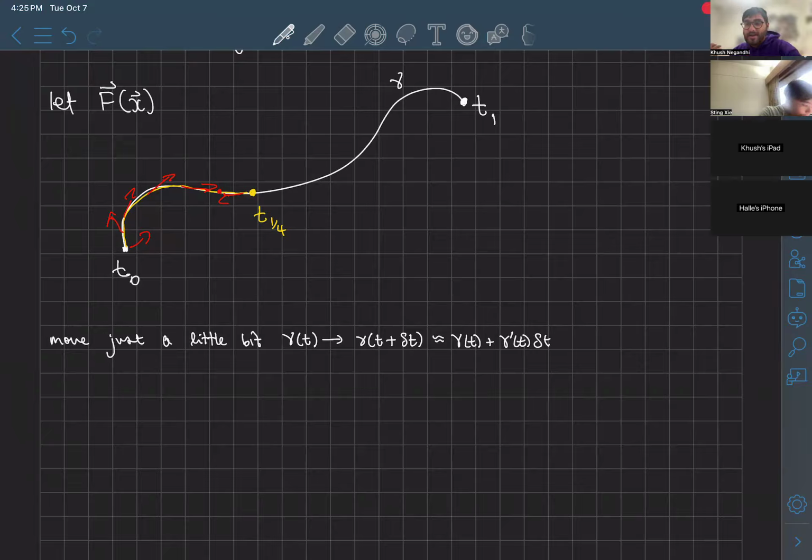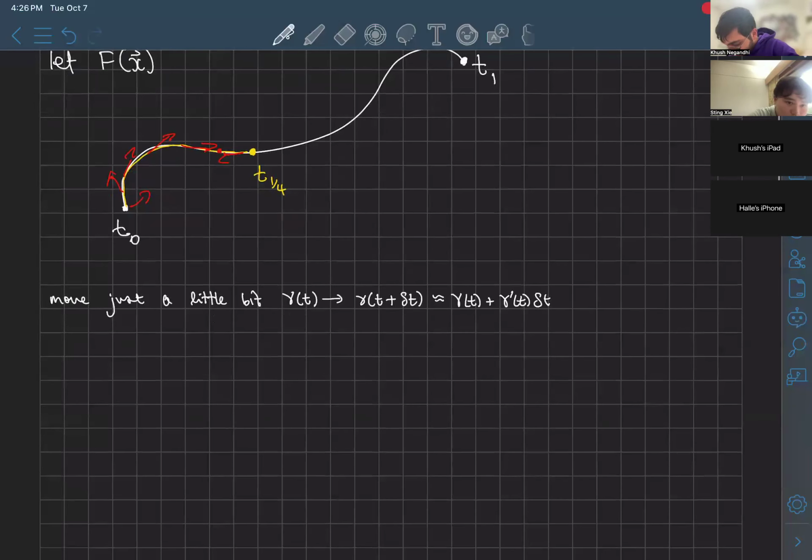The way we know this from linear algebra is we take the dot product of the force with our displacement, because that gives us the projection of the force onto it, and we see how much of the force is with me versus against me. And so to see this, we look at F at gamma of t dotted with this small variation in length. I'll call this variation in length delta t.